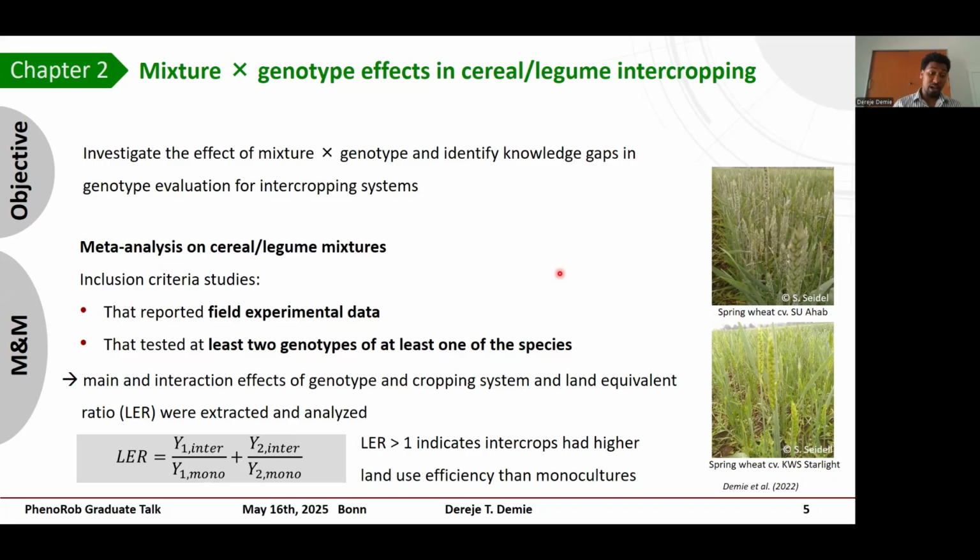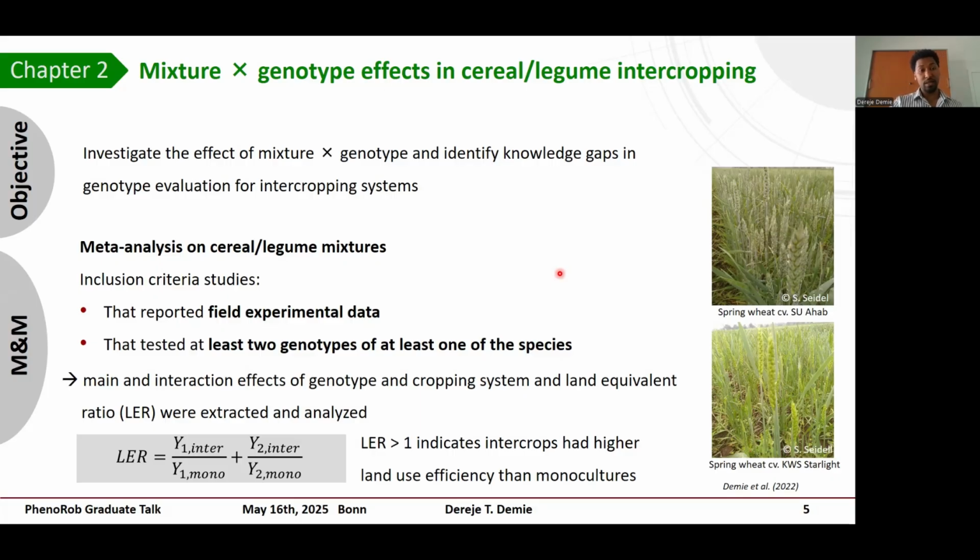LER is calculated as the sum of the yield of crop 1 in intercropping divided by the yield of crop 1 in monoculture, plus the yield of crop 2 in intercrops divided by the yield of crop 2 in monoculture. And if land equivalent ratio is greater than 1, it indicates intercrops had higher land use efficiency than monoculture.